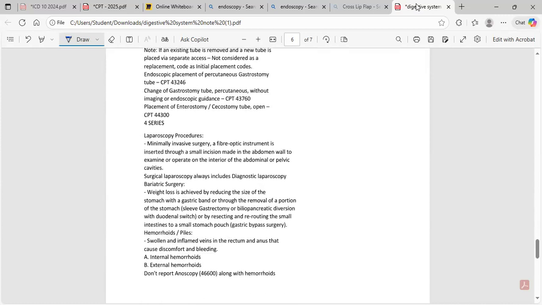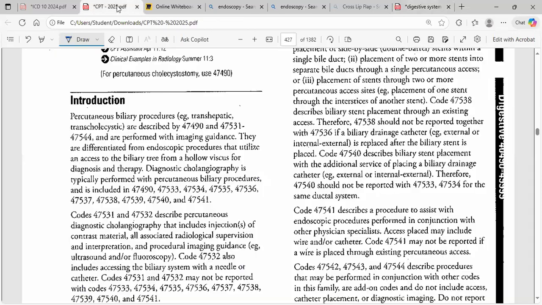Laparoscopic we have discussed. So one more time, laparoscopic always with laparoscopy. We don't need to do that separately. So next important thing we have here. Just a second.